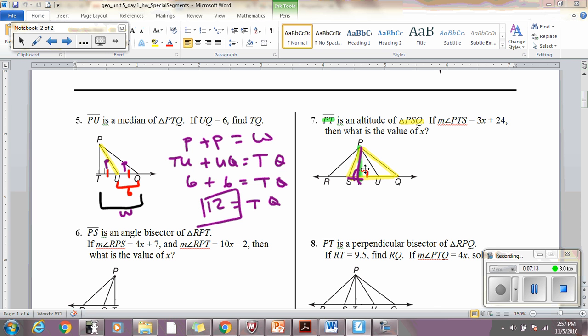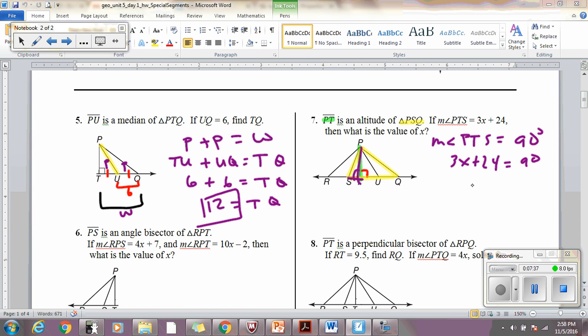What is the value of x? So I know that PTS is a right angle, so its measure is 90 degrees. So I know I can take 3x plus 24 and equal it to 90. And then I can find x.